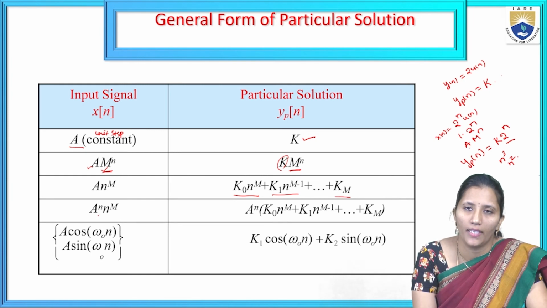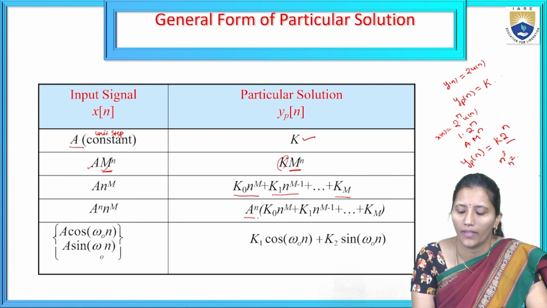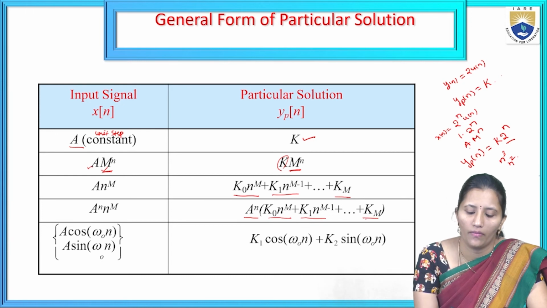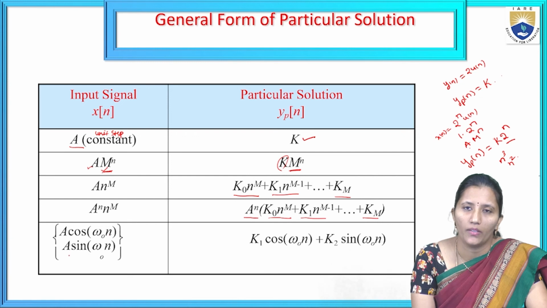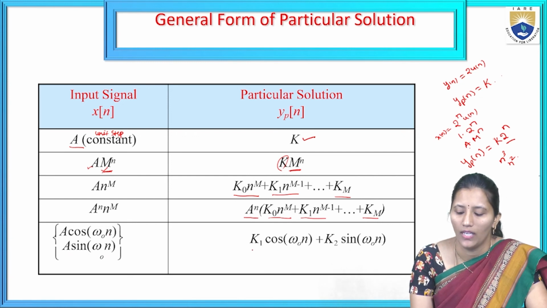If we have the input a power n into n power m, then a power n times k naught n power m plus k1 n power m minus 1 plus up to k m. If we have the input like a into cos omega naught n, a into sin omega naught n, then directly we can write the particular solution as k1 cos omega naught n plus k2 sin omega naught n.